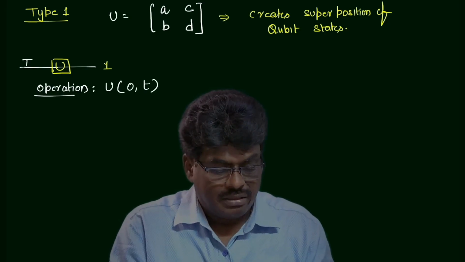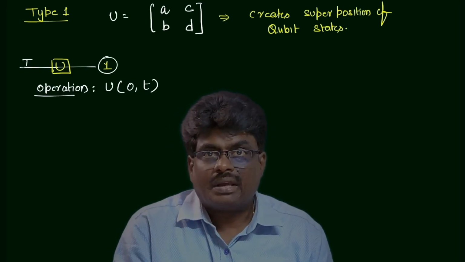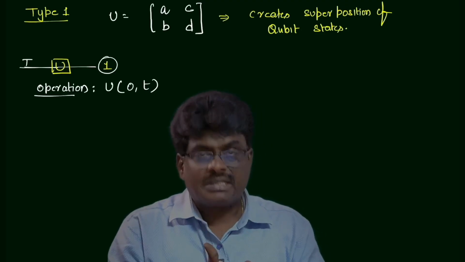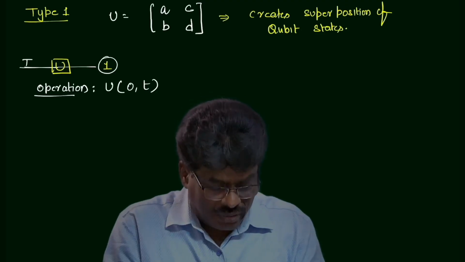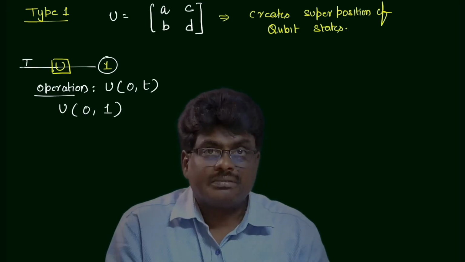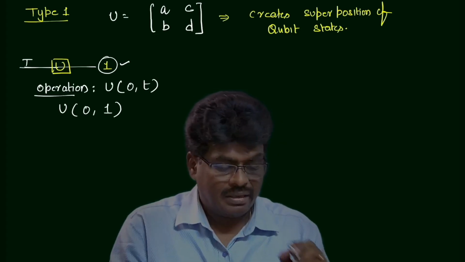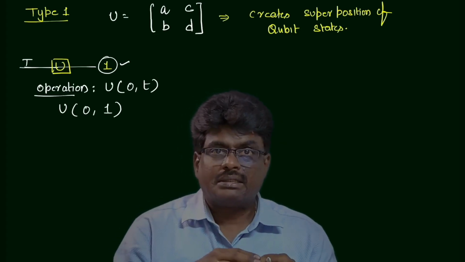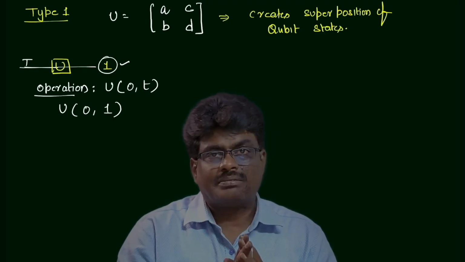This target stands for this 1. Either that state will be in off state or in on state. So we can write it as U of 0 comma 1, because here it is a 1. That means this operation is creating a superposition state of 0 and 1.